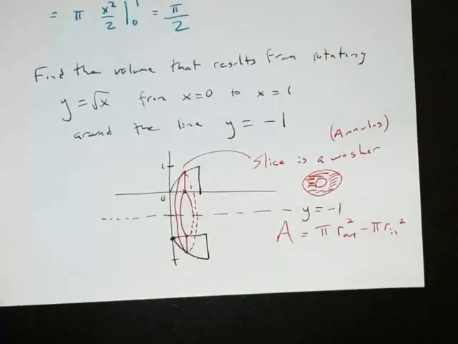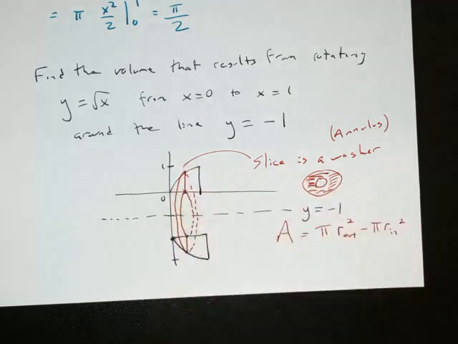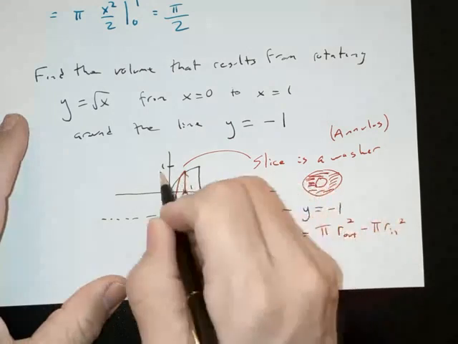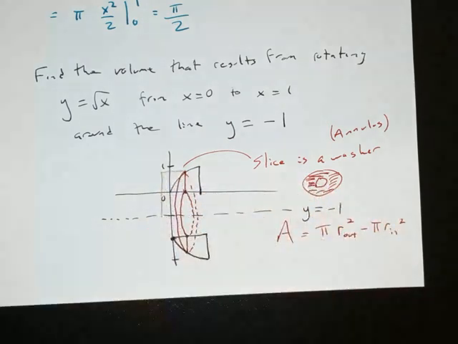Now, let me answer the question you came up with. What's the radius? Let's look at the point that is the outside edge. That would be this point up here, yes? And that would mean that the outside radius goes from here to the line we rotate around.